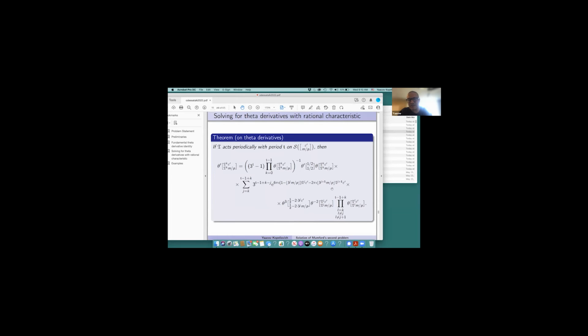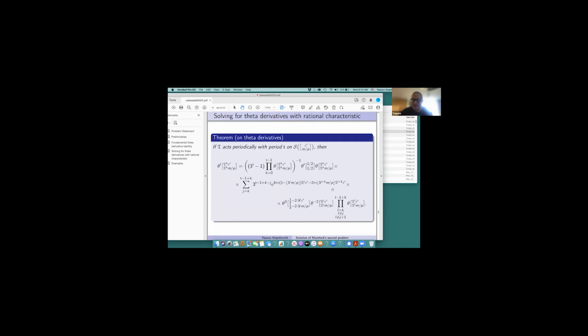All the other characteristics are not derivatives. They're just thetas. So what you see here is that you're kind of proving a theorem: if you have theta prime as one of your additional functions, you can express any theta prime through this and the other theta functions.